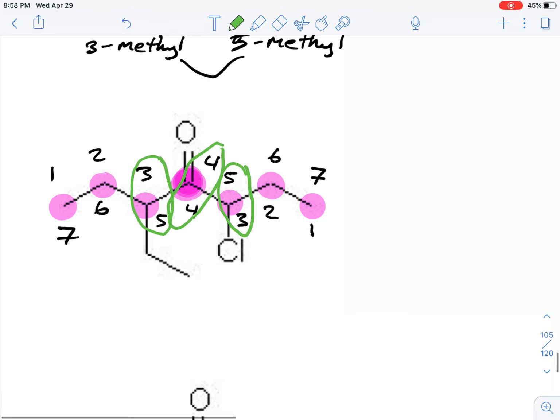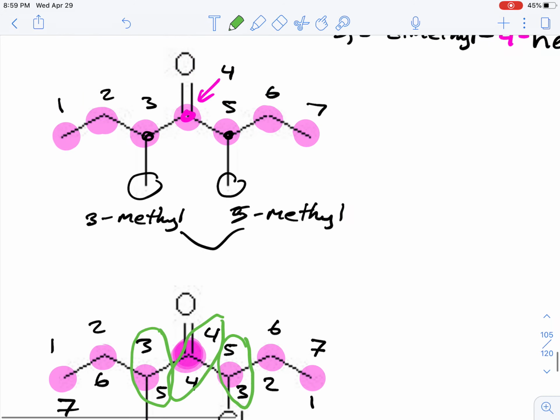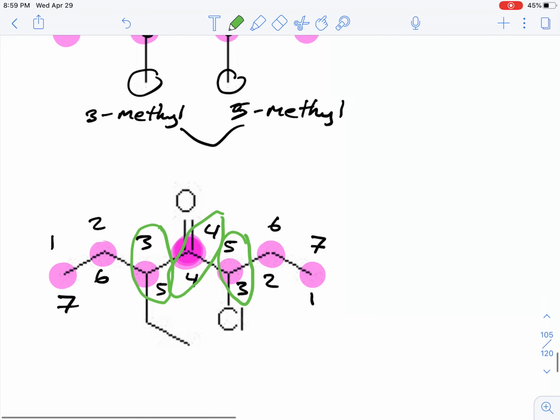And so it looks like all the numbers are the same, but unlike the previous example, the substituents are not the same.